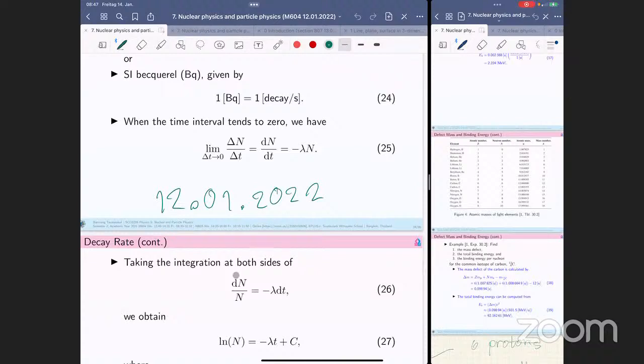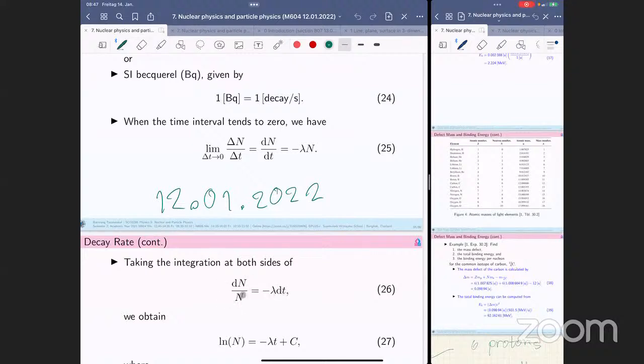So you're going to move capital N to the left hand side as the denominator, and the small d and t will appear on the right hand side as dt here.